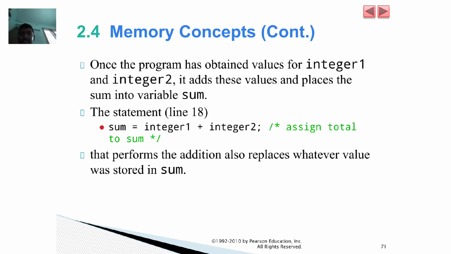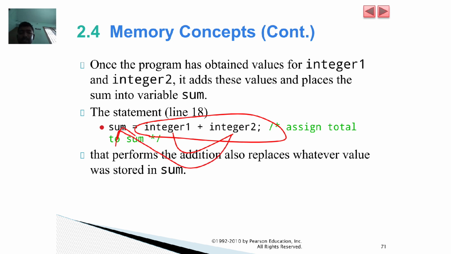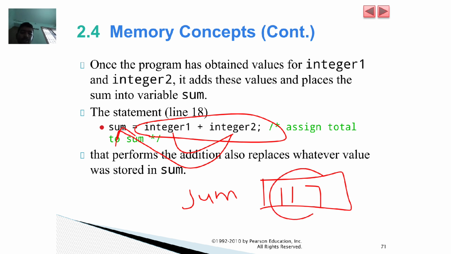Once the program has obtained integer1 and integer2, it places the sum in the variable sum. It is simple: as you have integer1 and integer2, after the summation the result will be stored into sum. The sum is created at one particular address, and the answer 117 will be stored at the address whose name is sum.